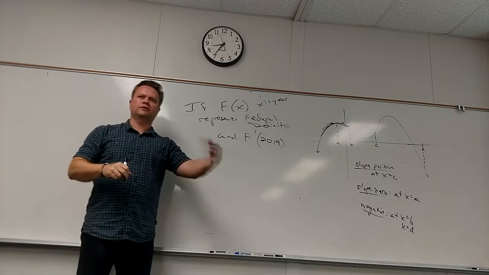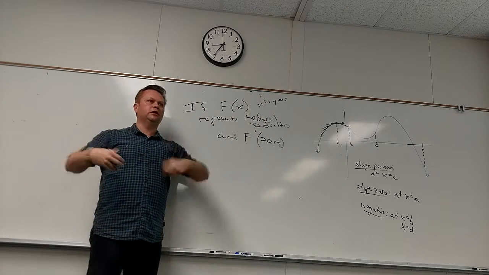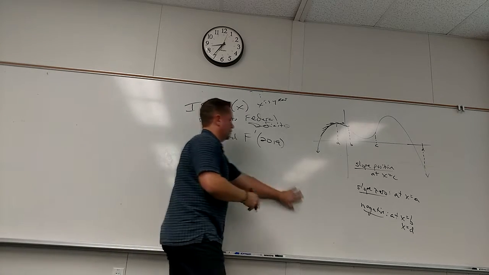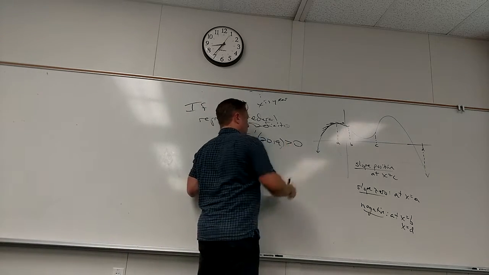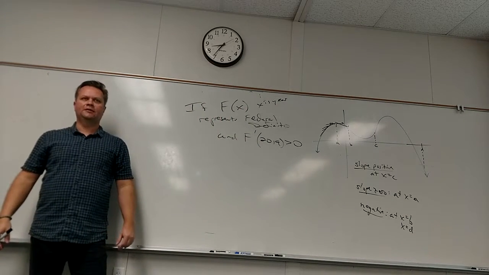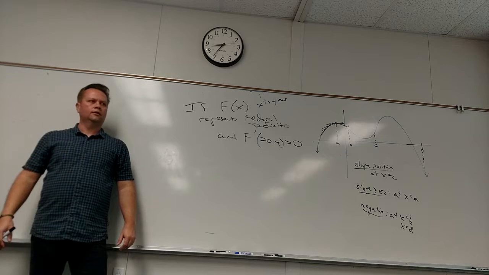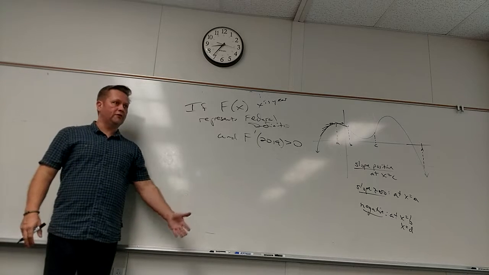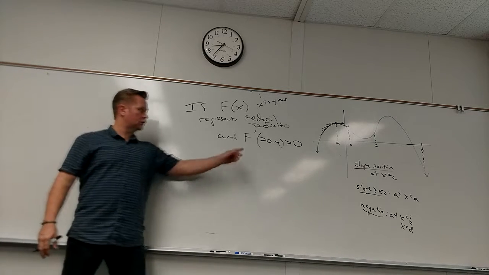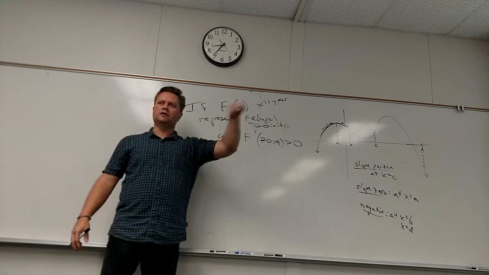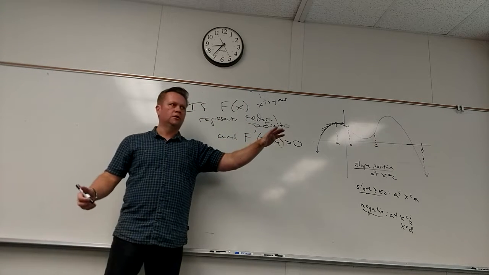If you plug 2008 into this function, it would tell you what the deficit was in 2008. So if F prime of 2019 is greater than 0, what does that mean? Yeah, that it's increasing, that the federal deficit is currently increasing. The slope is positive. That's what that would mean.